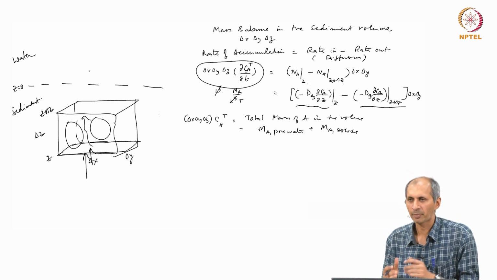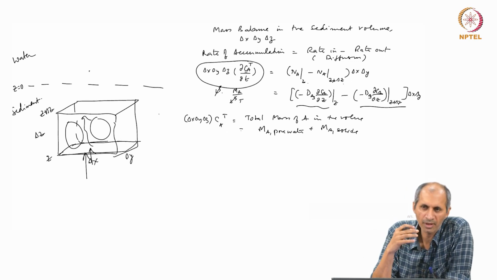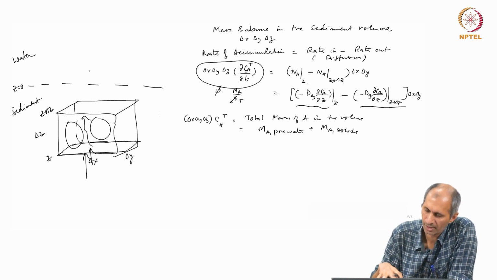Because adsorption and desorption are both happening, there is exchange between the liquid and the solid. So the entire change depends on whatever is happening in total in this phase here.